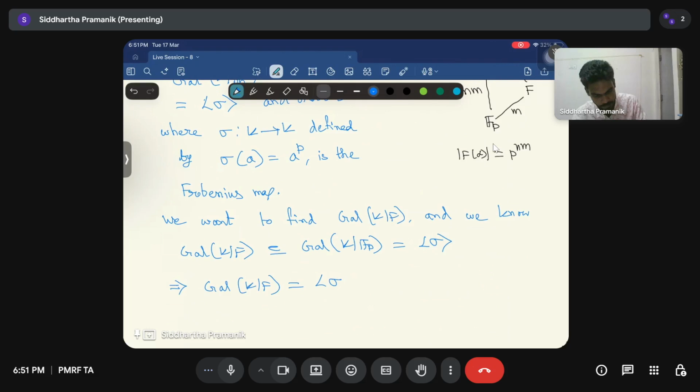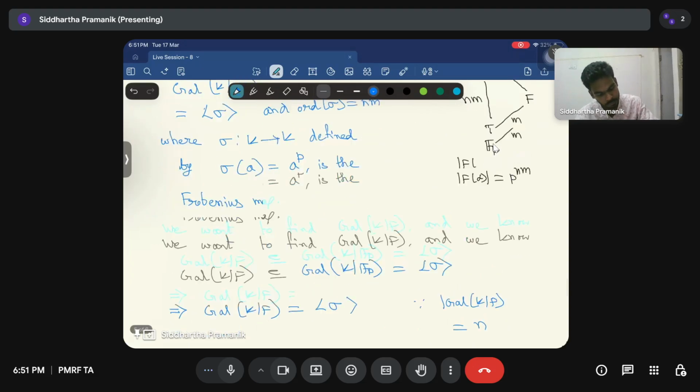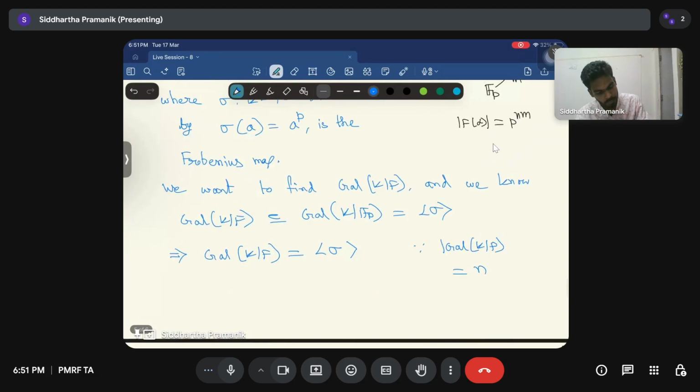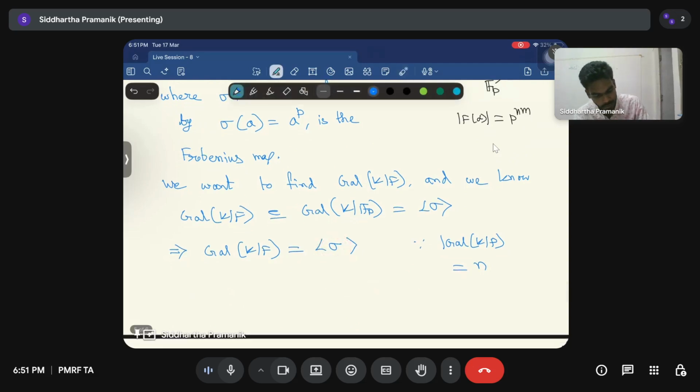But what is that? The cardinality of the Galois group of K over F is n, so the order of this element has to be n.